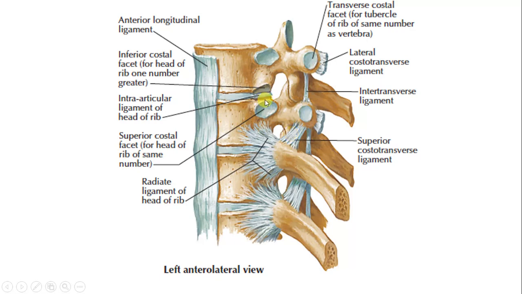Again, here is the intra-articular ligament for the head of the rib, from the crest to the intervertebral disc. And the other ligaments shown here are the radiate ligament, superior costotransverse ligament, and lateral costotransverse ligament.